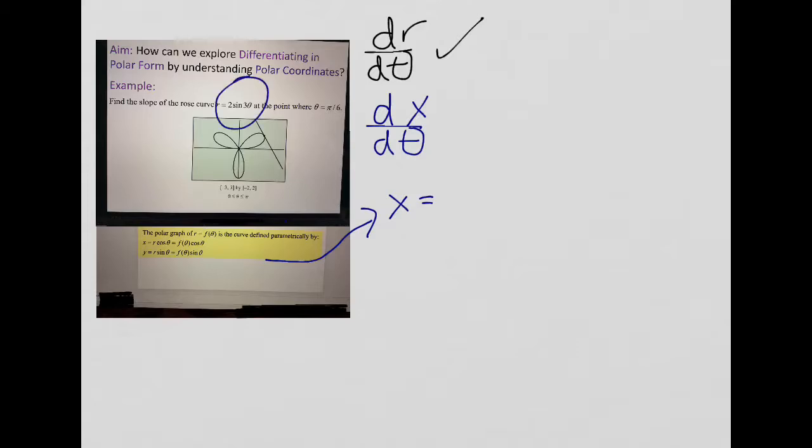We take the expression for r and plug that into the formula x equals r times the cosine of theta.